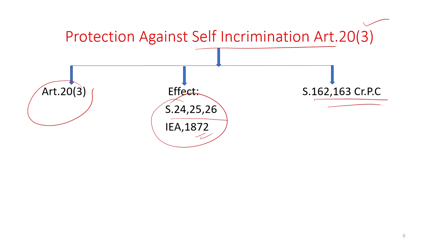Now, let us understand the effect of non-compliance of Article 20 Clause 3. You need to remember that under Article 20 Clause 3, authority has been prohibited from obtaining such a statement which might implicate him in any offence.